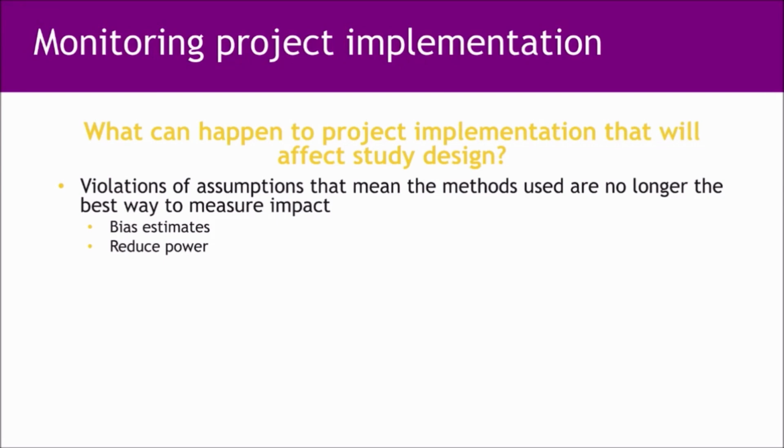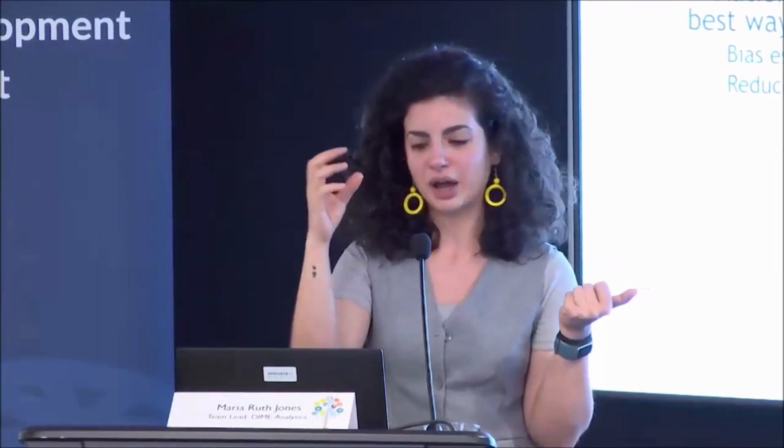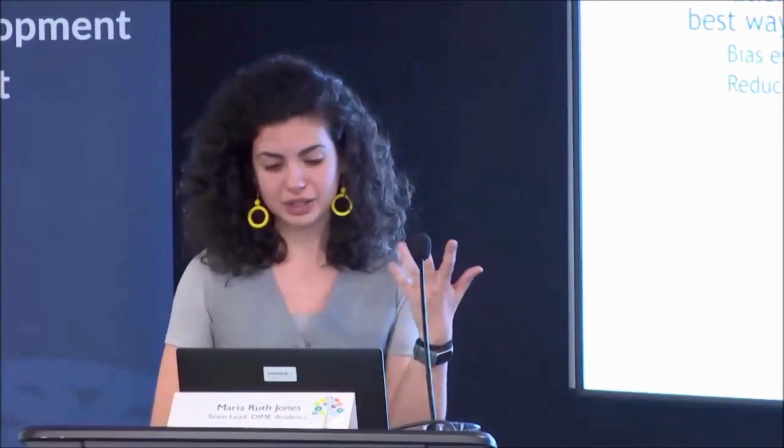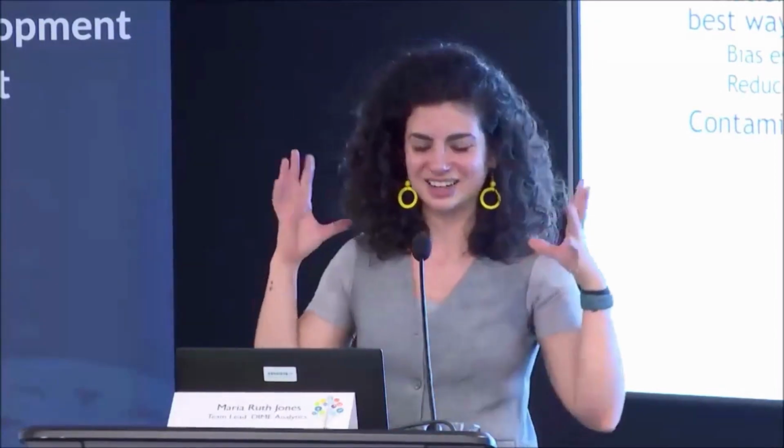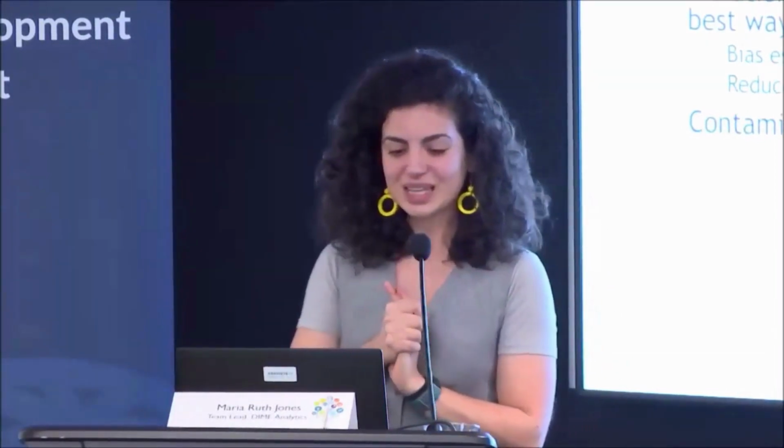The other thing that can happen is that we can reduce power, which means that I do not have enough precision to know that this effect is actually a significant effect, even though it may be. Sorry, very abstract. Let's again talk about this in practice.